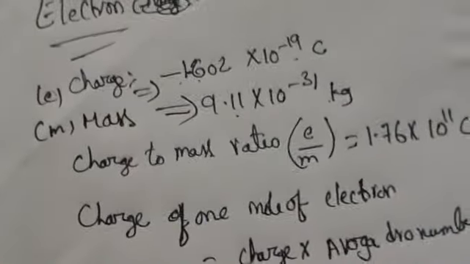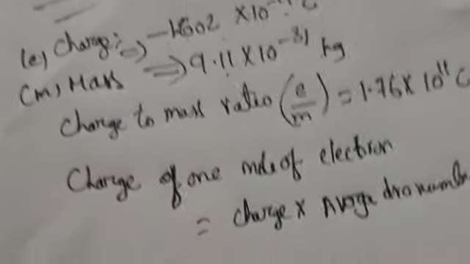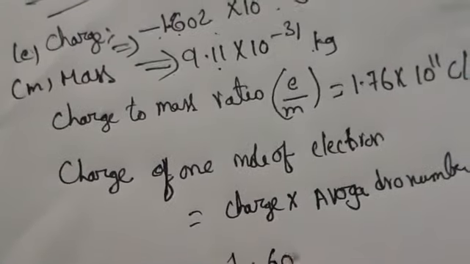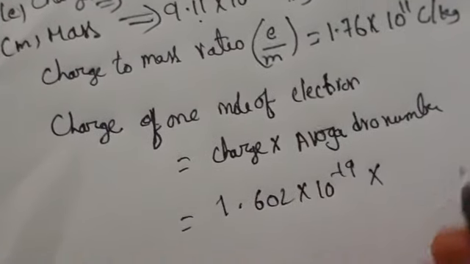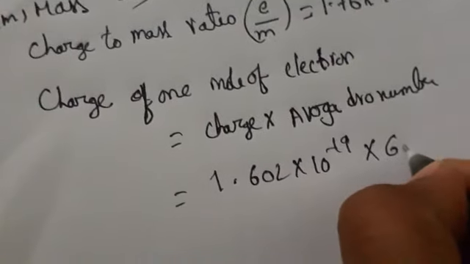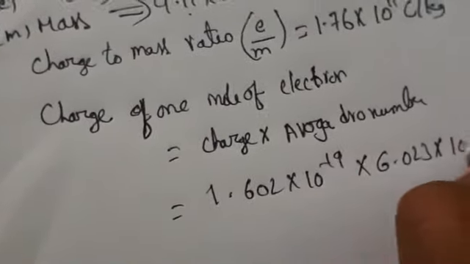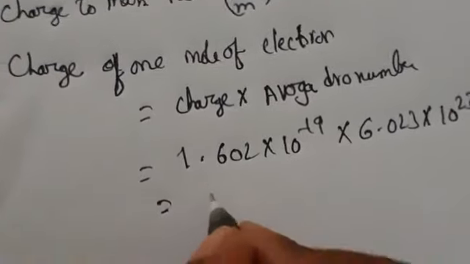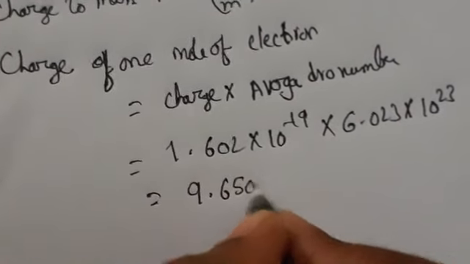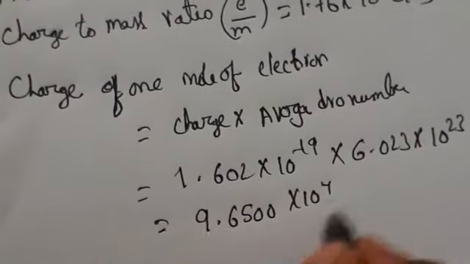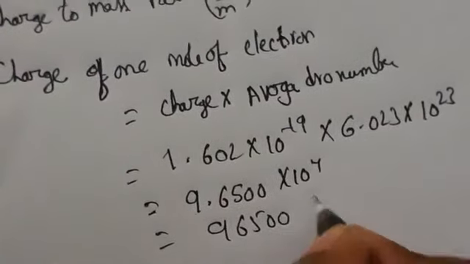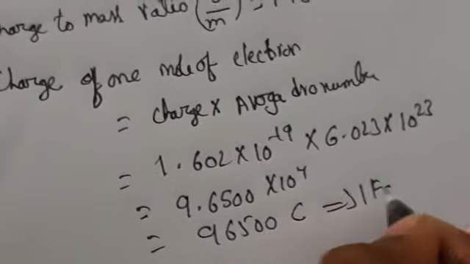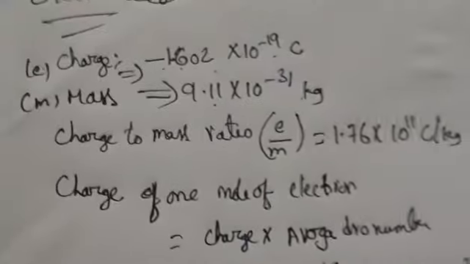The charge is the constant value 1.602 into 10 to the power minus 19, and the Avogadro number is the constant value 6.023 into 10 to the power 23. So nearly we get 9.6500 into 10 to the power 4. We can take this as 96,500 coulombs, which equals 1 Faraday. So this is the way to calculate the charge for electrons.